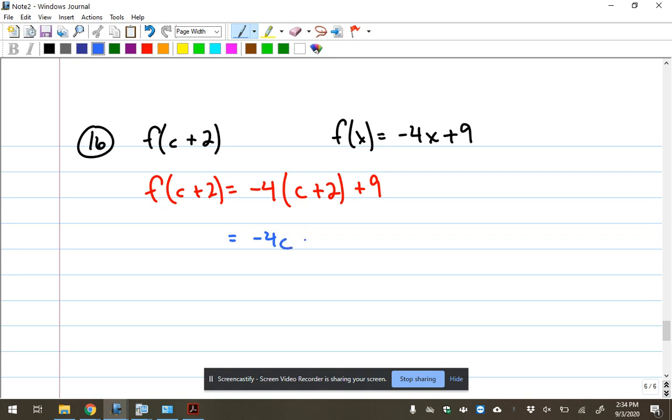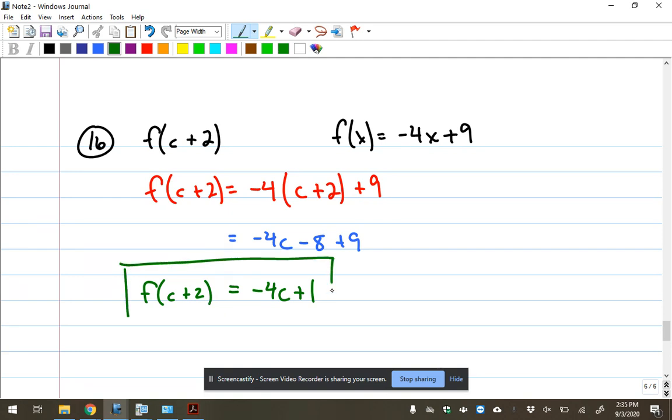Negative 4c minus 8 plus 9. Like terms together. After you do that distributive property, you just simplify that side. So that's negative 4c plus 1. Not too bad.